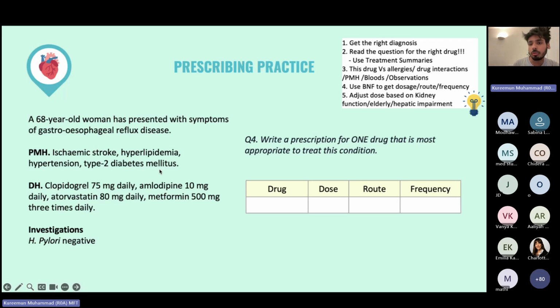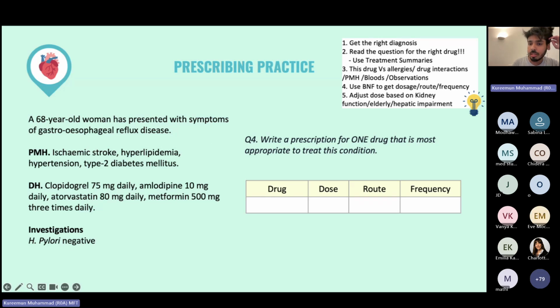The BNF says 4 to 8 weeks, but the format they want you to answer in is just the drug. So if you write omeprazole, that's the drug, then the dose is 20 milligrams, the route is oral, and the frequency is once daily. If they ask you the length of time, then you have to put it, but it depends on how they phrase the question.